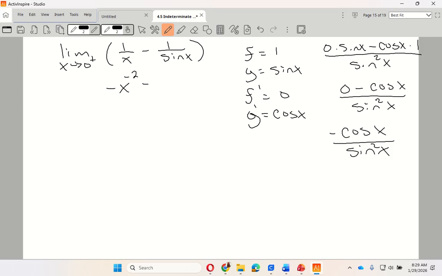So I'm going to rewrite this so I can actually have a different answer: minus cosine x over sine x times 1 over sine x.